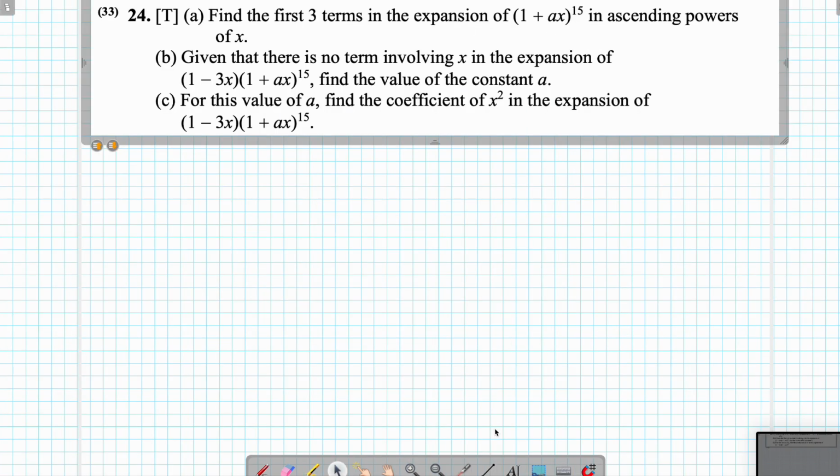Find the first three terms in the expansion of (1 plus ax) to the 15 in ascending powers of x.